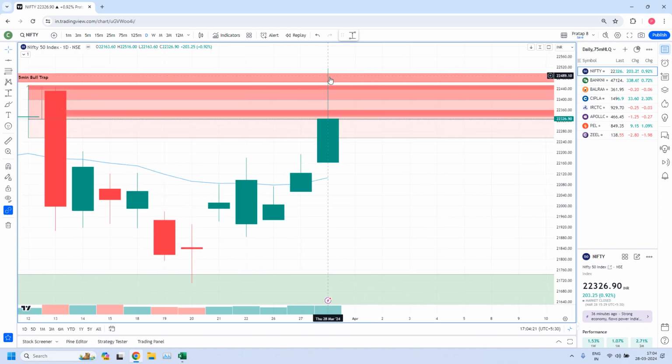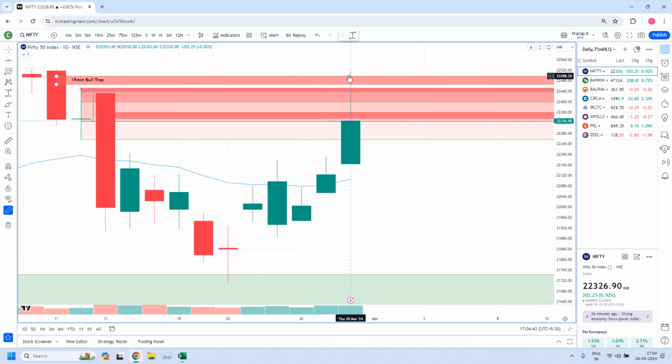But in this zone, what did they do? They absorbed all the institutional orders, even the stop loss orders. Because the buying pressure is so strong today, this zone is slightly pierced. Which one? This bull trap area.